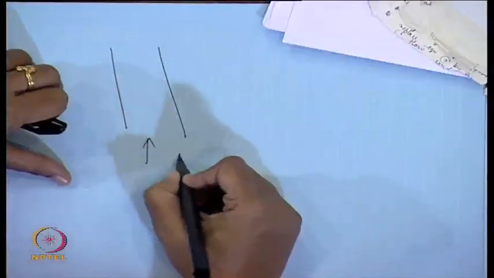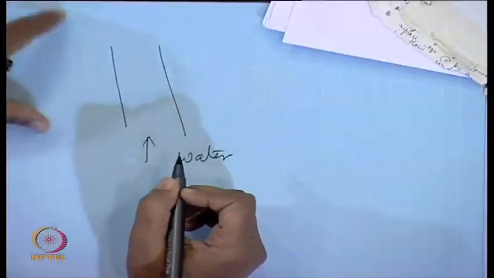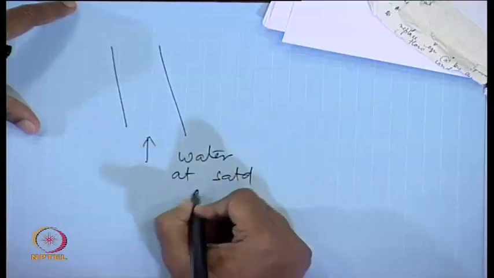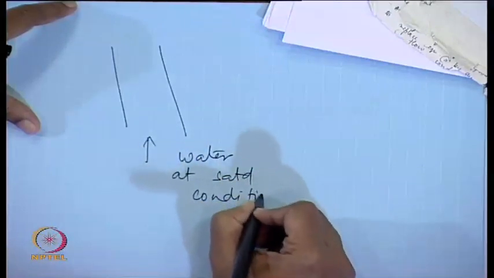So, suppose we have water which is flowing through a pipe, say at a particular velocity, under saturated flow conditions. Suppose we have a condition something of this sort, we have a vertical pipe through which water is flowing, and initially it is water at saturated conditions.